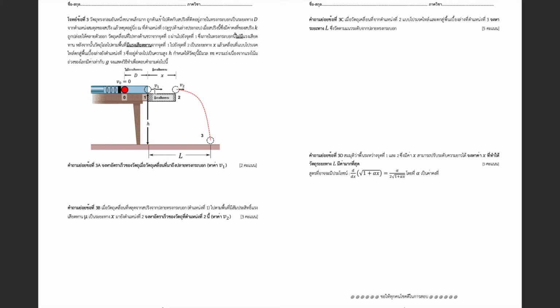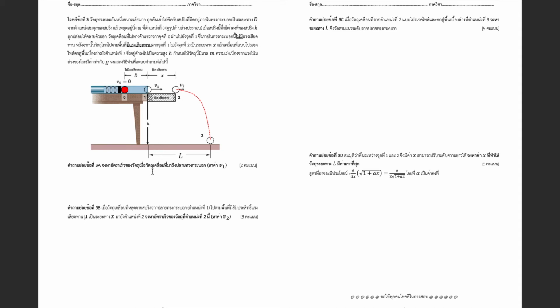Then it will enter the friction region, and after that it will go down with the speed of v2, and that v2 will be the initial speed to initiate the projectile motion. The sphere has a mass of m, the gravitational acceleration is g, and the height from the ground to the mass one is h.